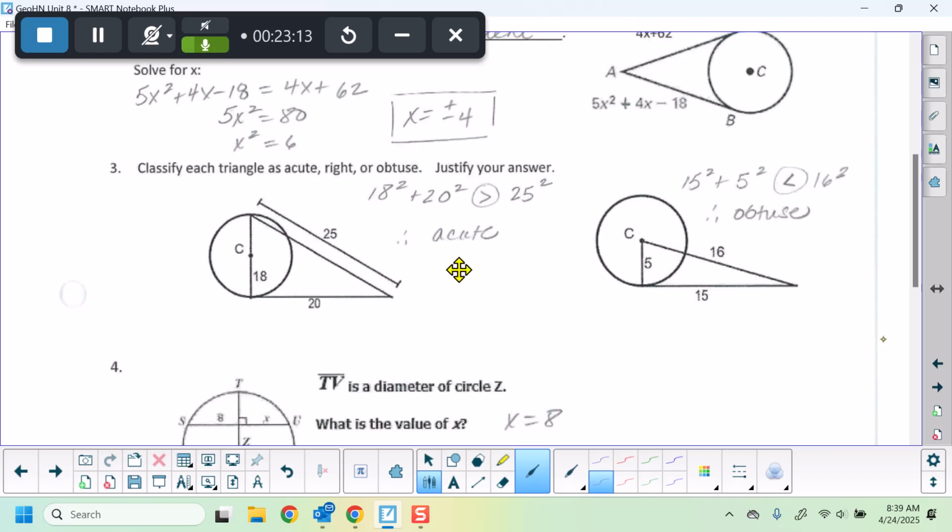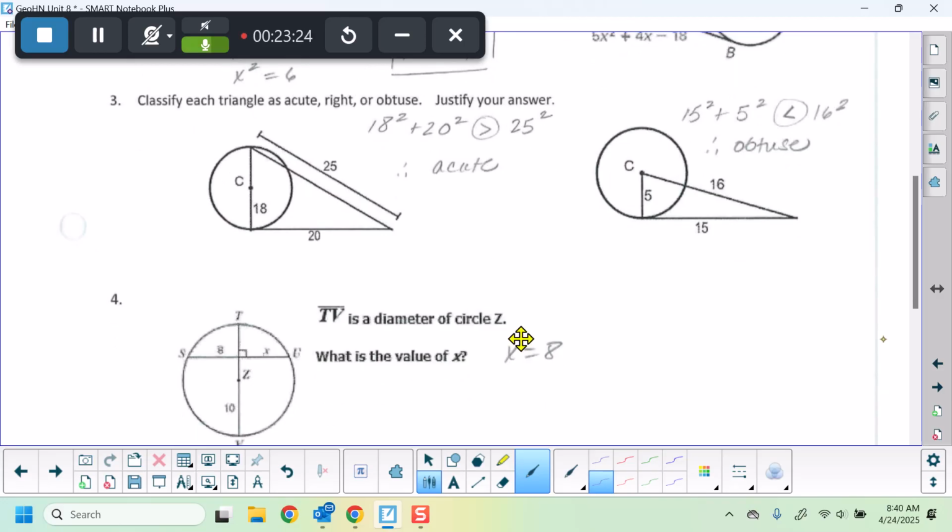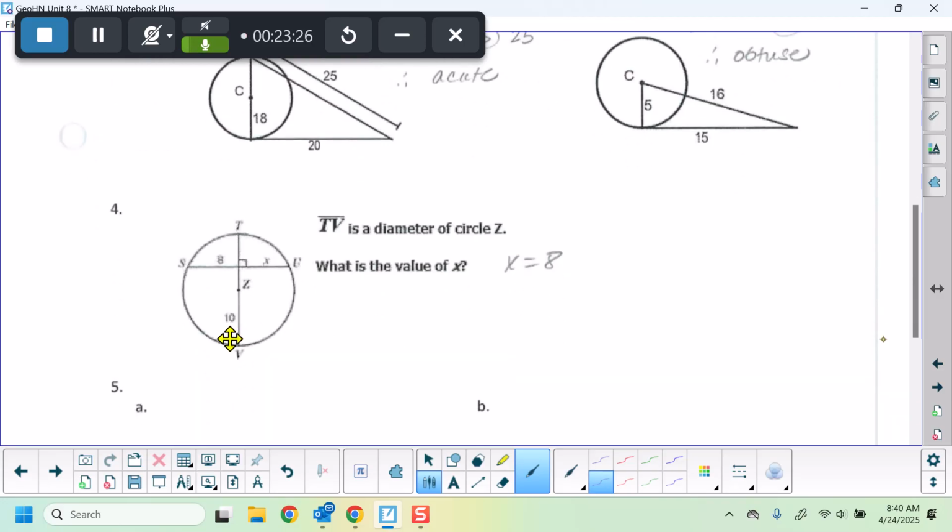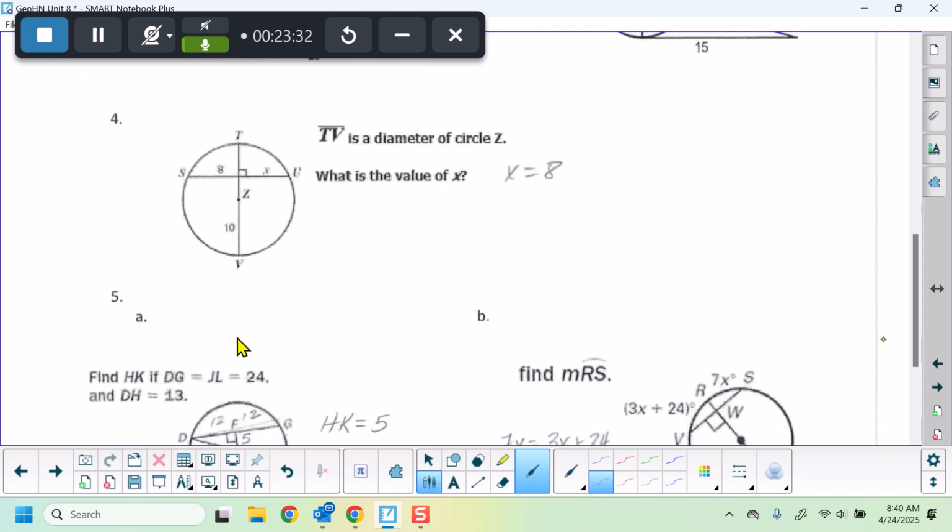Now here we brought in some Pythagorean converse by asking you, once you solve for it, is it acute, right, or obtuse, depending on that value. And again, our perpendicular bisecting diameter of a chord gives us those values.